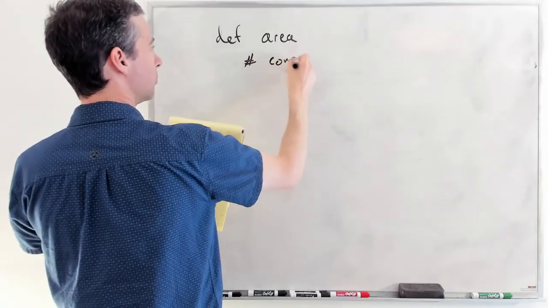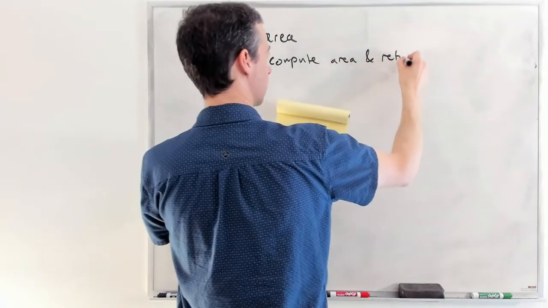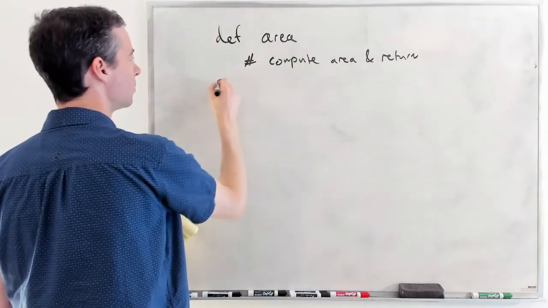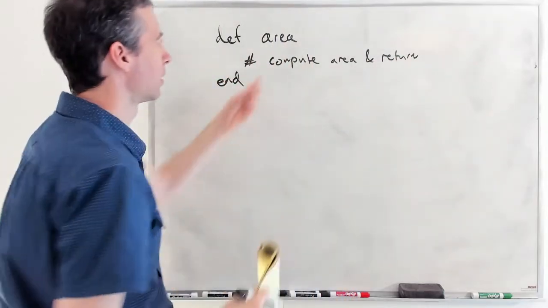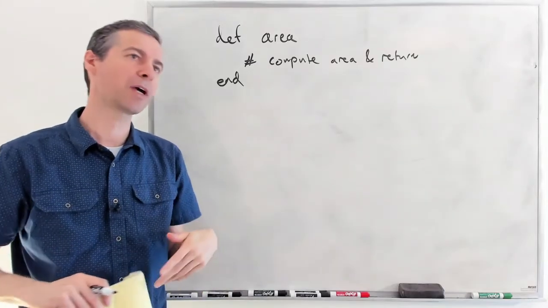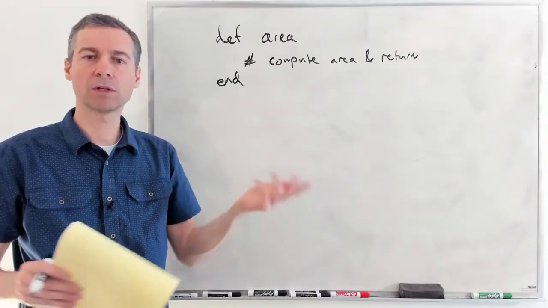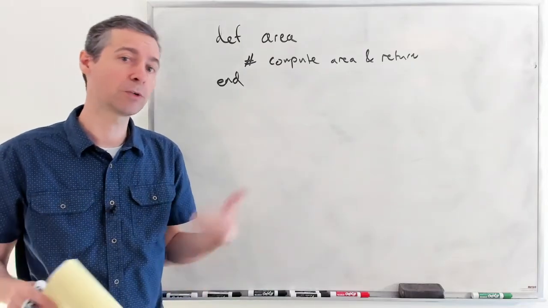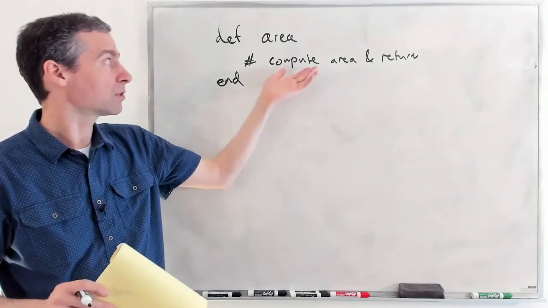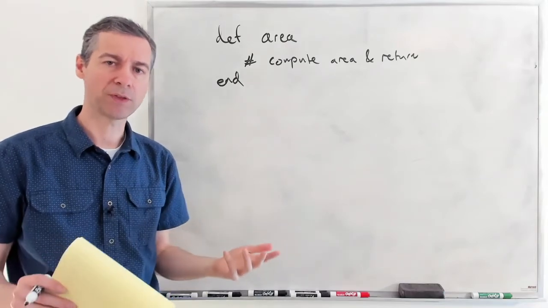So I could compute in here the area and return its value, and that's end. And I would need to be referring to the various variables. Maybe I have something representing a circle, and on my circle object, I know its radius. And then using the radius, I could compute its area and return its area. That's not a class method.